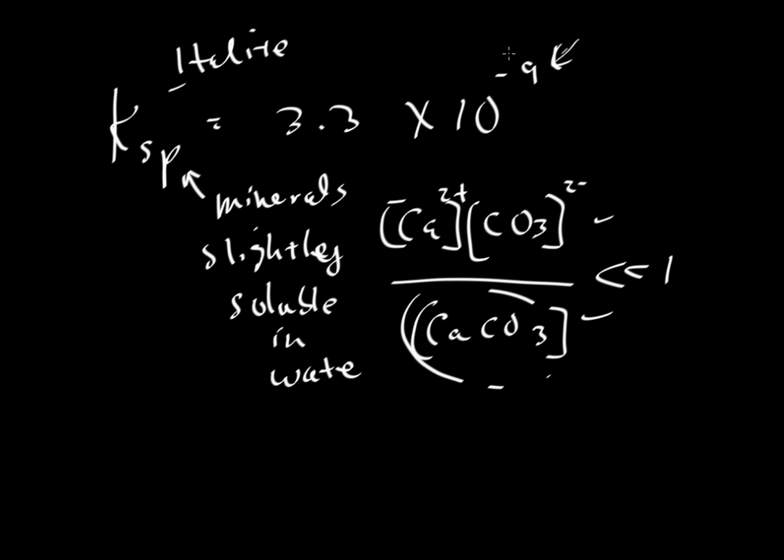Because these tend to be very, very small, looking at minerals that are only slightly soluble, when the big differences are in the exponents and we don't really care about this value so much over here, then we often take the logarithmic values. So we'll just erase the chalkboard again.